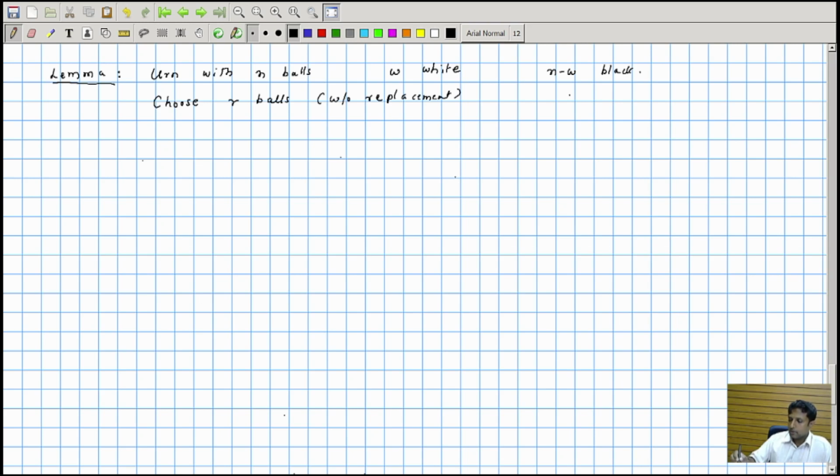And this R is a special value such that W times R lies between n by 2 and n. If this is the case, then the probability that exactly one ball is white, this event happens with probability greater than 1 by 2e.